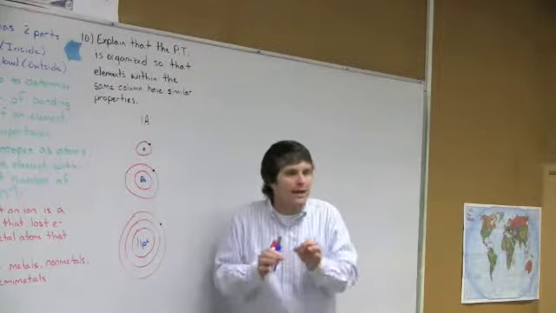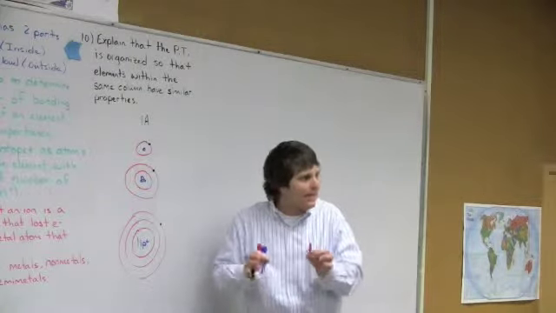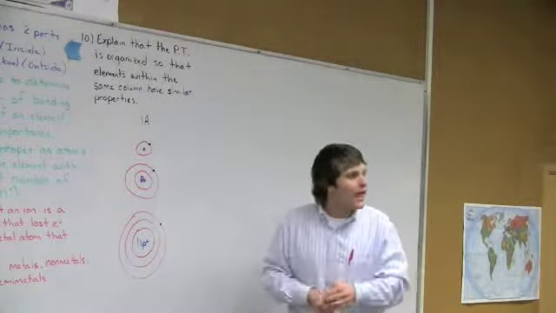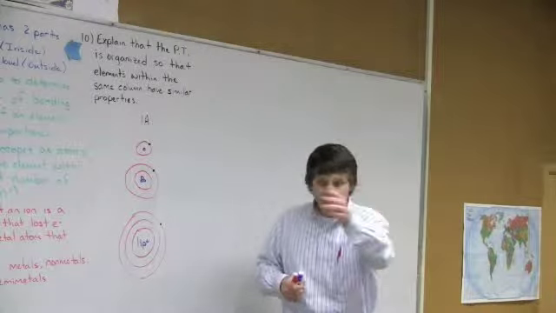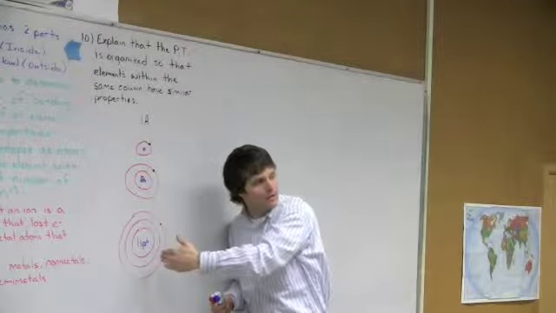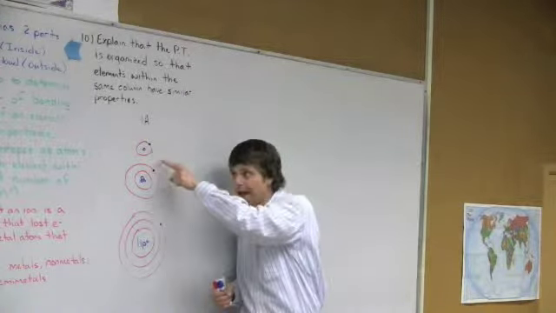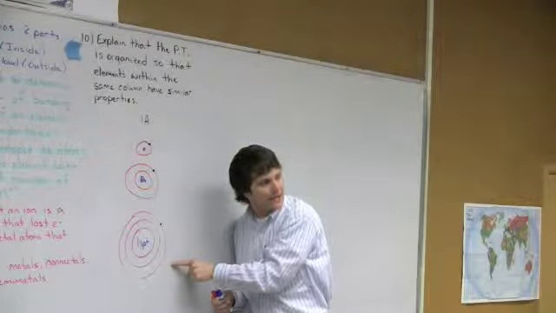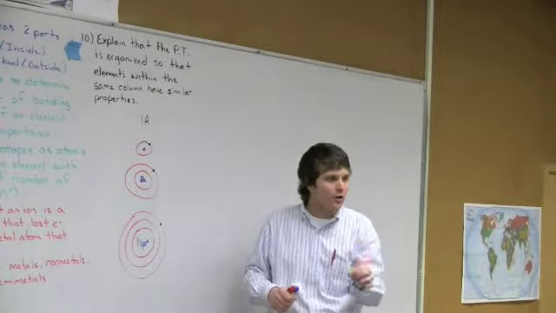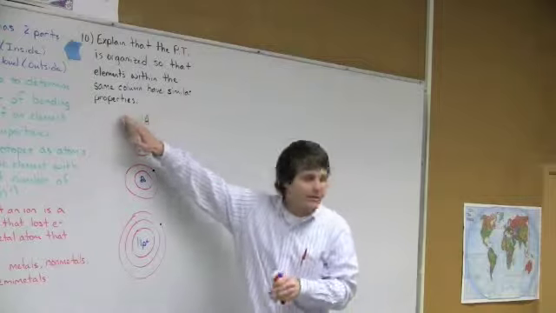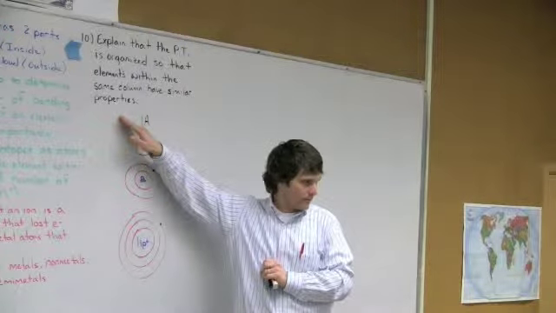The periodic table was intentionally set up that way so that the elements in the same column have the same number of valence electrons, because that determines that they will have similar properties.